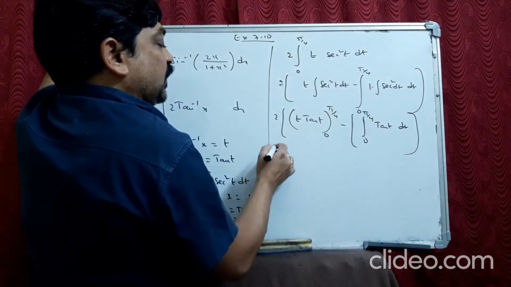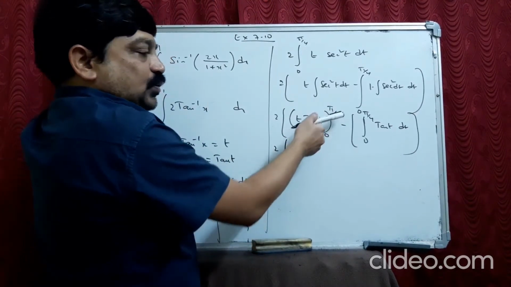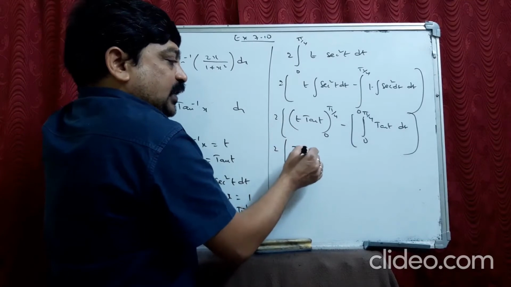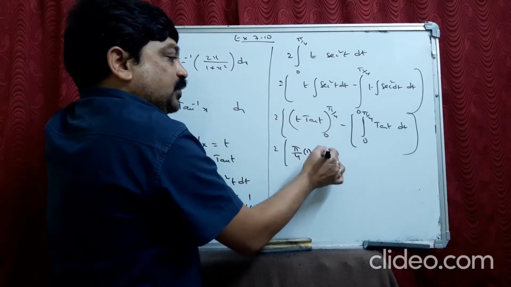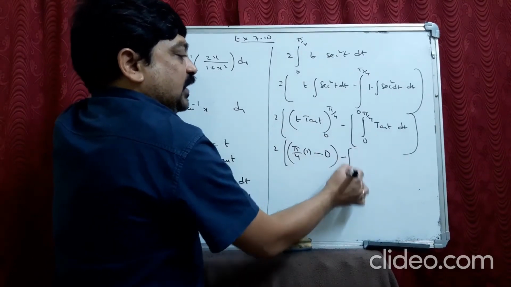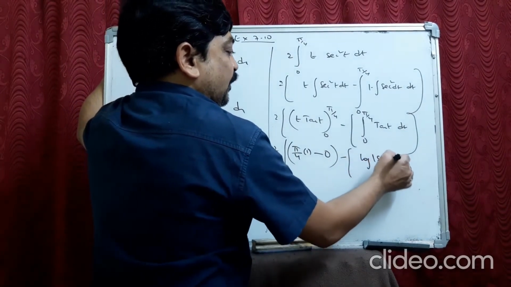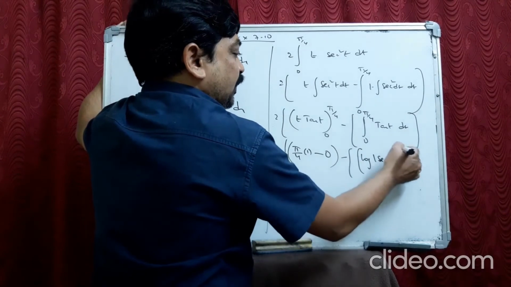When you substitute the upper limit pi by 4, tan pi by 4 is 1. When you substitute 0, it becomes 0. Minus, the integration of this is log mod secant t from 0 to pi by 4.